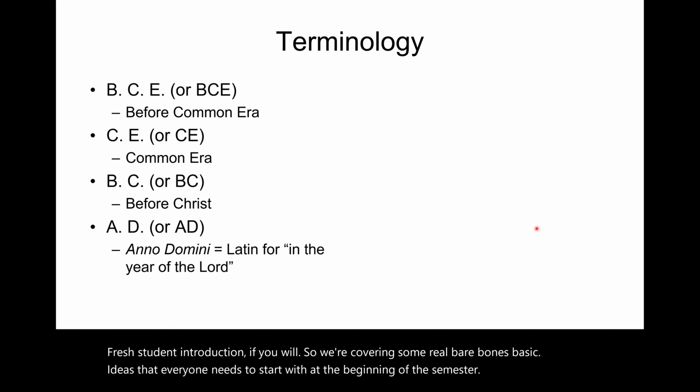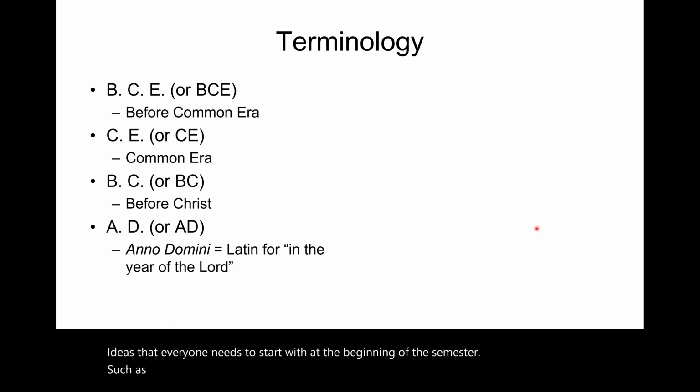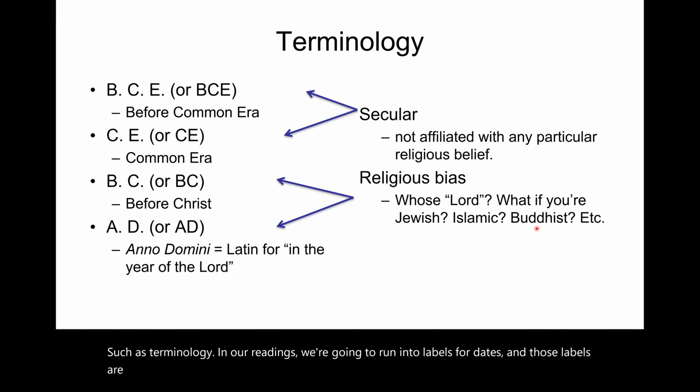such as terminology. In our readings, we're going to run into labels for dates, and those labels are, as we see on the board here, the BCE or CE nomenclature, which is secular, and the BC or AD nomenclature, which has a bit of a religious bias.